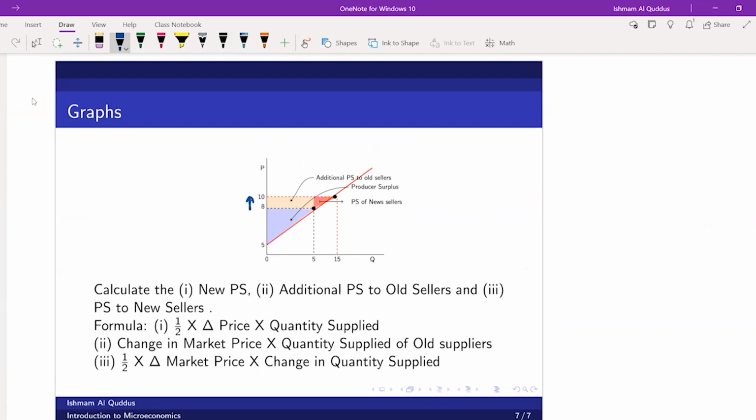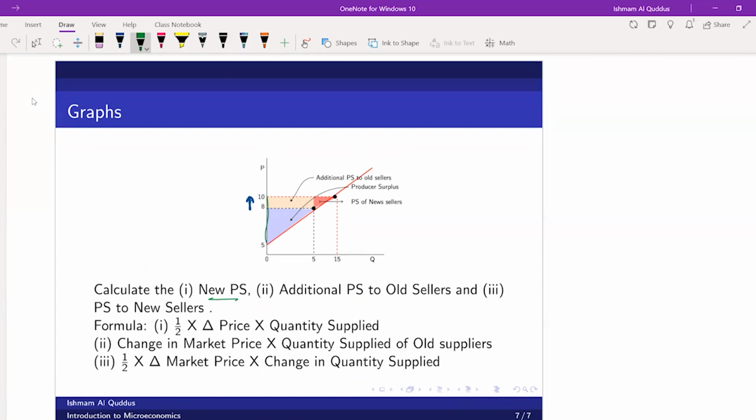So now you can expect more suppliers to enter the market because the price level is higher. Now it's at 10 taka. So there will be a few suppliers who enter the market and participate to sell their goods as well. So what would be the new producer surplus?